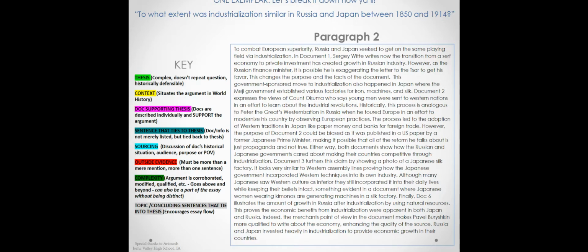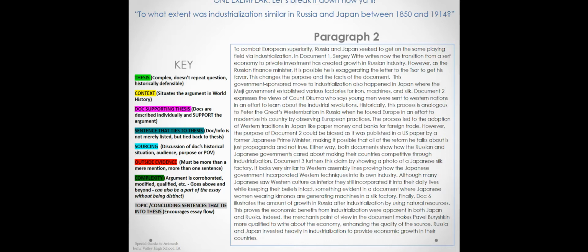Document 3 furthers this claim by showing a photo of a Japanese silk factory. It looks very similar to Western assembly lines, proving how the Japanese government incorporated Western techniques into its own industry. Although many Japanese saw Western culture as inferior, they still incorporated it into their daily lives while keeping their beliefs intact. Something evident in a document where Japanese women wearing kimonos are operating machines in a silk factory.